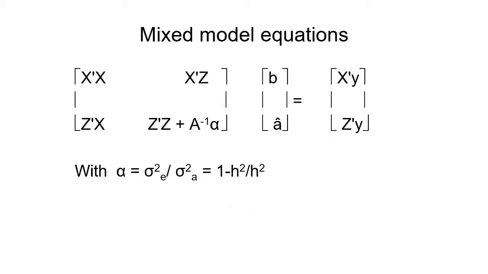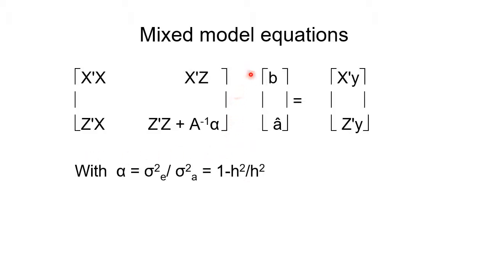Just a quick reminder of the construction of the mixed model equations as we ended at the first module. These are the mixed model equations. This is our coefficient matrix here. The biggest matrix here is our coefficient matrix.